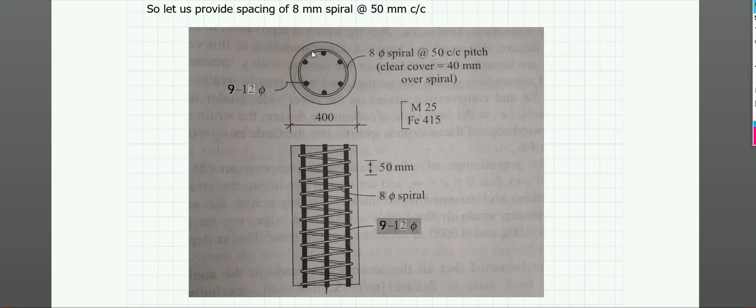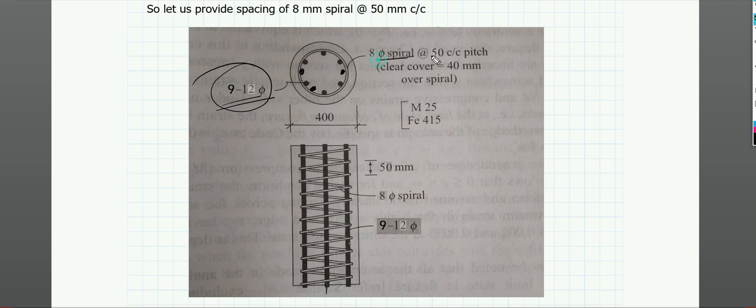Like this is circular, so we need, sorry, here actually 9 numbers of 12 mm bars are required. So in the drawing it's different, you just put 3 extra bars, supposing equal distribution should be there. So there is a small mistake with the drawing, but never mind, you have to provide 9 numbers of 12 mm bar, don't make the mistake.